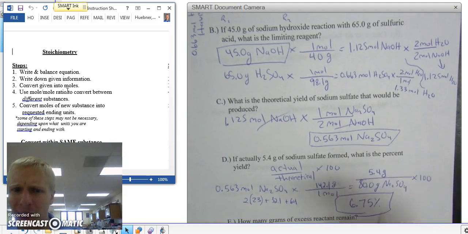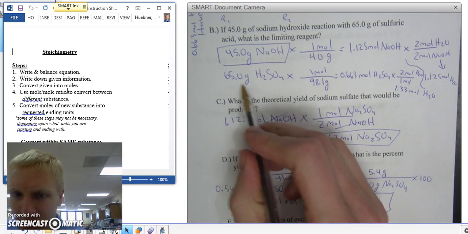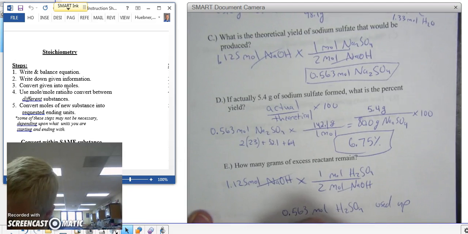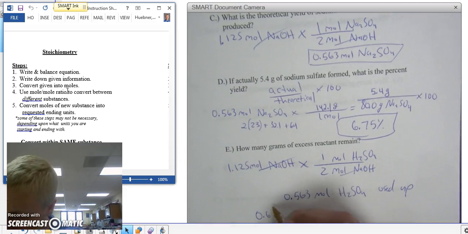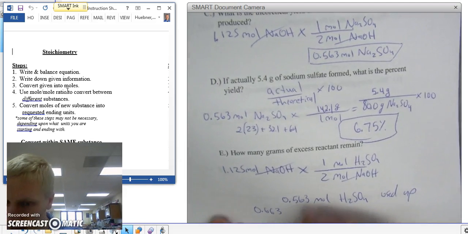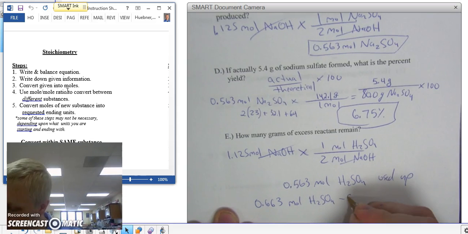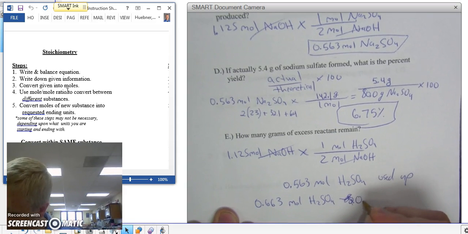So now we go with how much we actually started with. Well, 65 grams, we converted that to moles. 0.663 moles of H2SO4 is what we started with. We minus how much was used up. Minus 0.563.